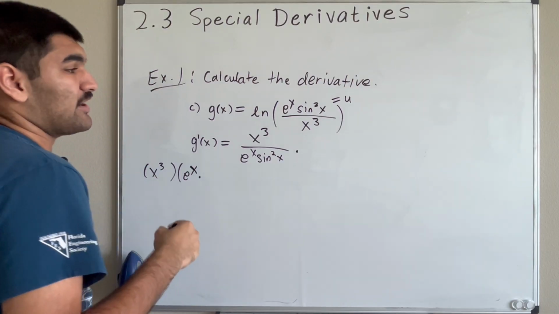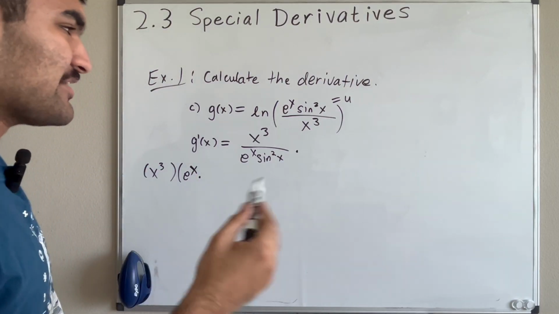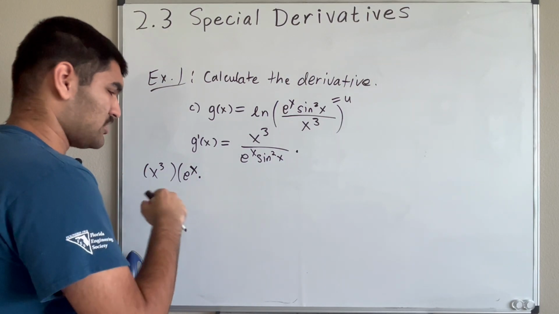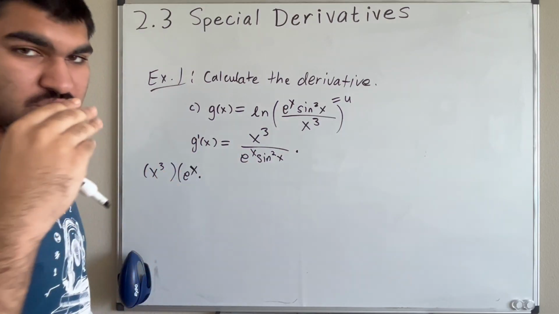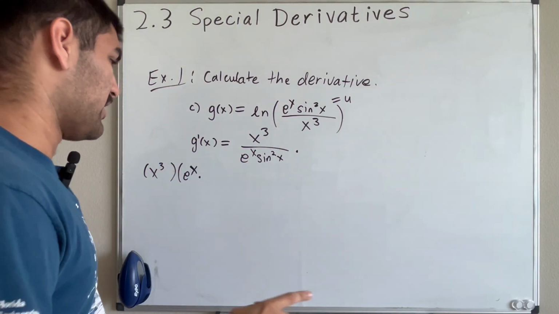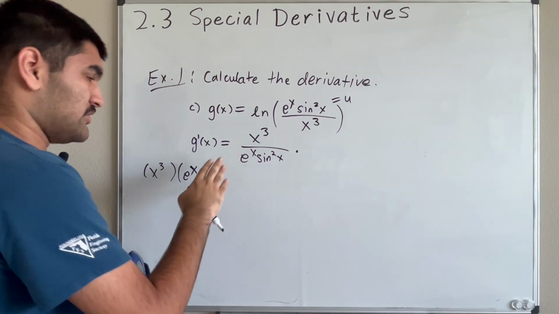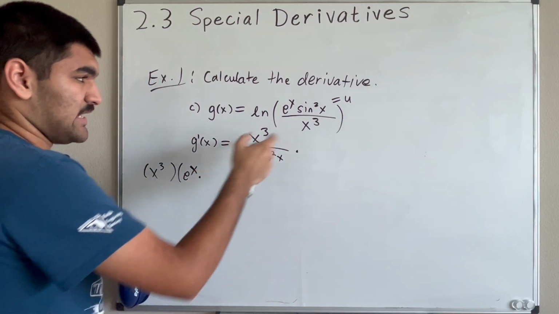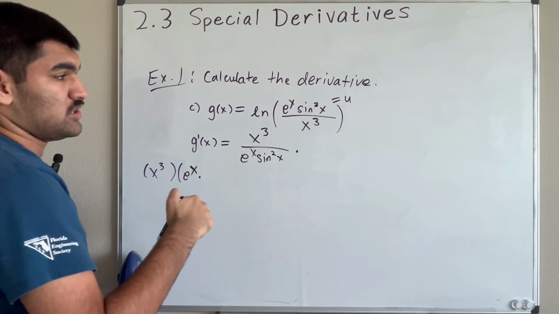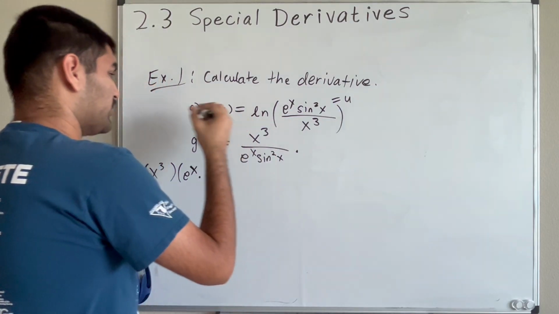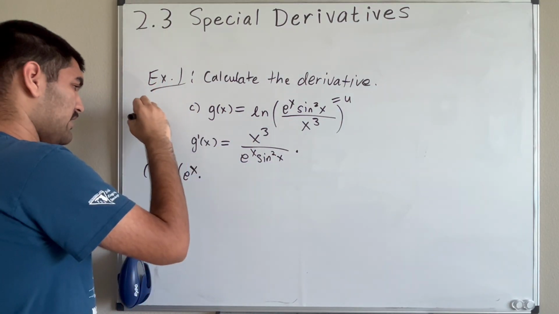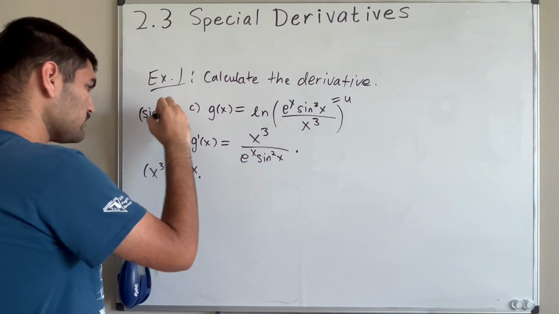Now again you have to use the chain rule. It's a whole combination of rules, but don't get overwhelmed. If you just do it slowly, you can definitely get the right answer. So this is what we did so far: we kept e to the x, and now we want to differentiate sine squared. Well, this can be rewritten as sine of x, squared.